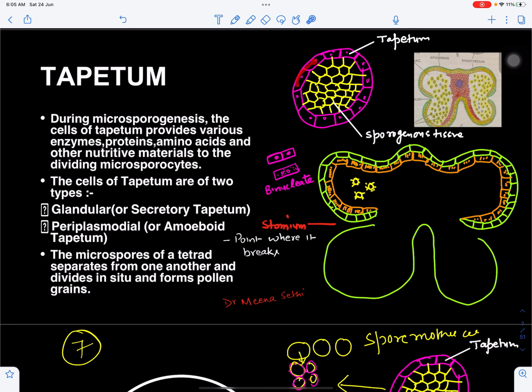Now this tapetum can be of two types: glandular or secretory tapetum, and periplasmodial or amoeboid tapetum. What does it mean? Here we can see this is the tapetum part.